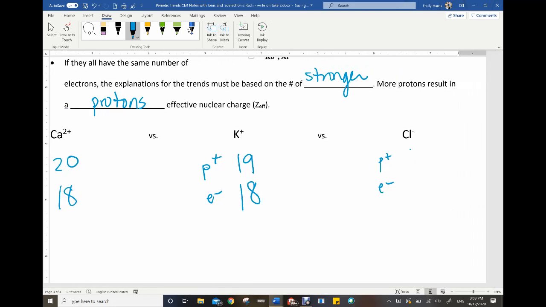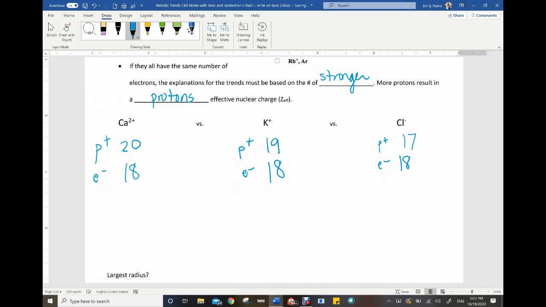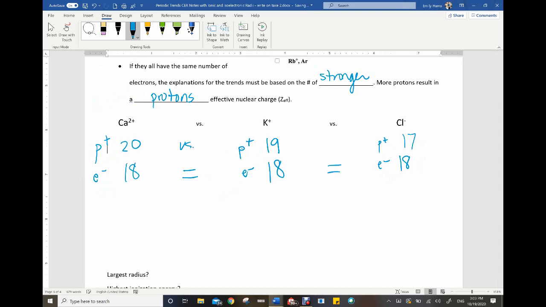Now chlorine has an atomic number of 17. If it loses an electron, or excuse me, this time it's actually gaining an electron because of the negative charge. So that extra electron will put it at 18. So we notice that the electrons stayed the same, but the protons are different.